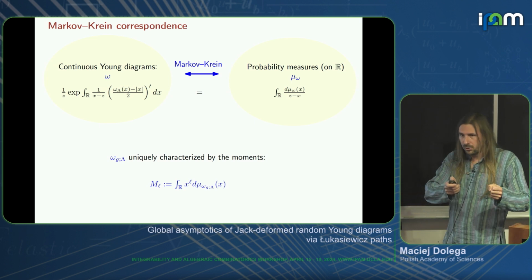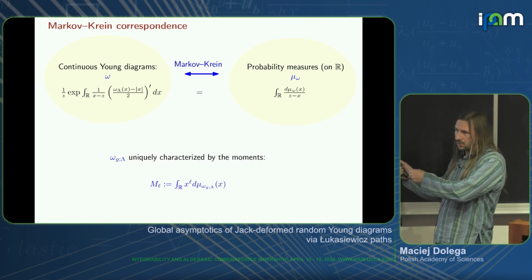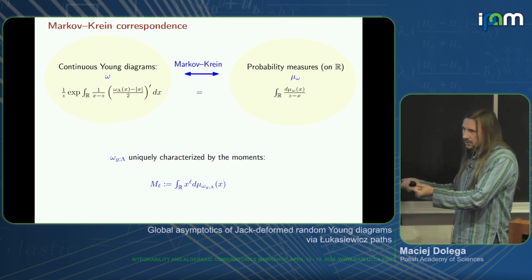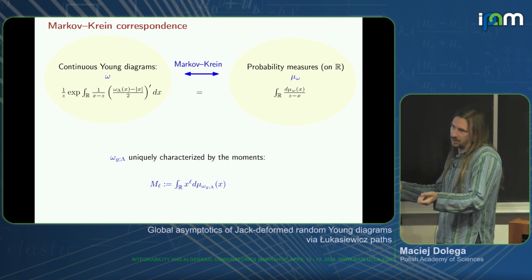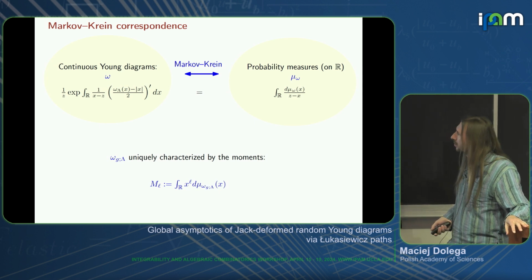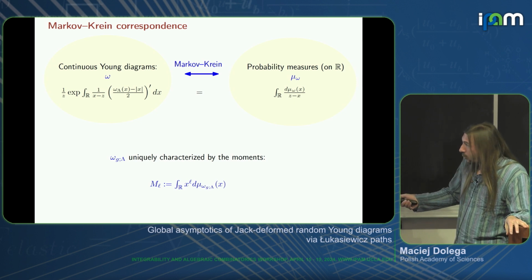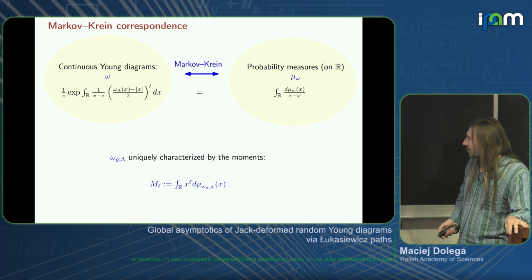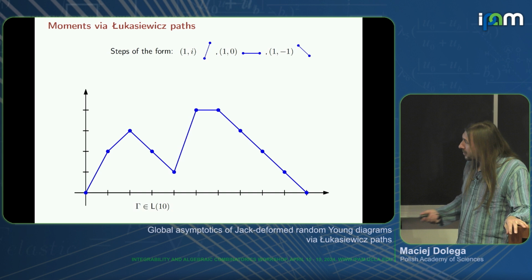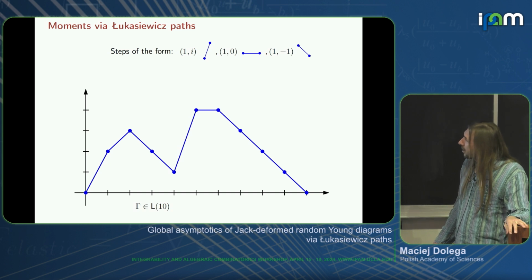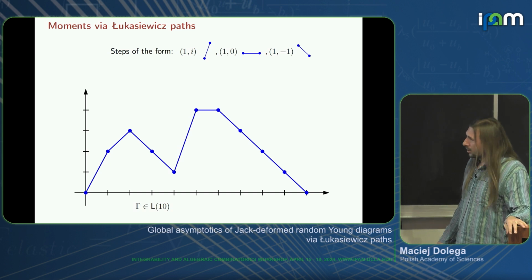So what you do, you switch to the probability measure, you compute the moments, and if you know that your measure is uniquely determined by the moments, it basically characterizes your limit shape. So the question is, what are the moments of the limiting shape? And it turns out that the moments actually have a very, very nice combinatorial interpretation.